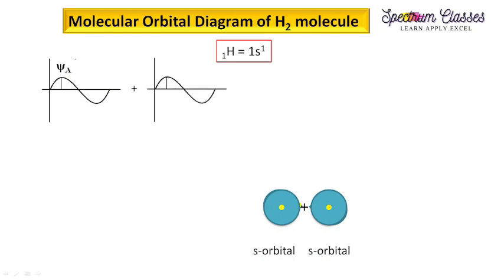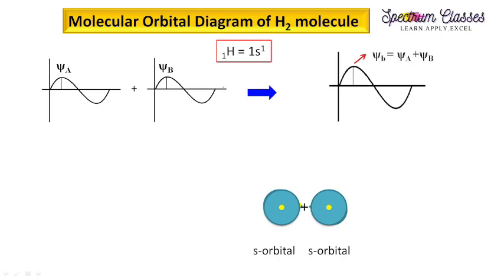Now the second wave, of the other hydrogen atom, has amplitude psi b, and on combining these, when they are in the same phase, we get an amplitude equal to psi a plus psi b, and this psi b represents the bonding molecular orbital. This small b is equal to bonding molecular orbital, right? These are showing constructive interference.